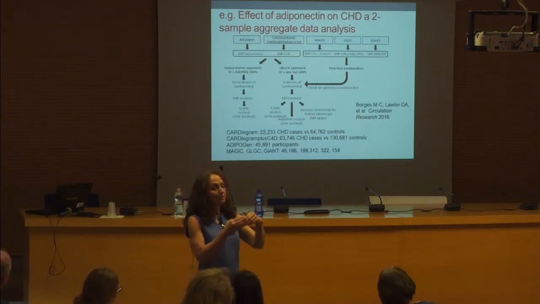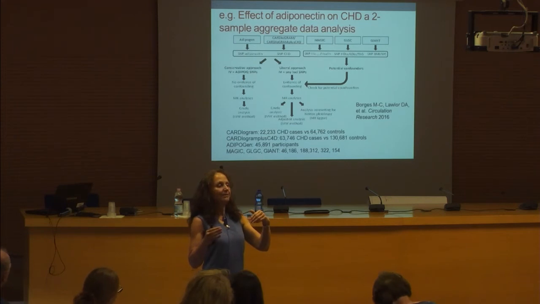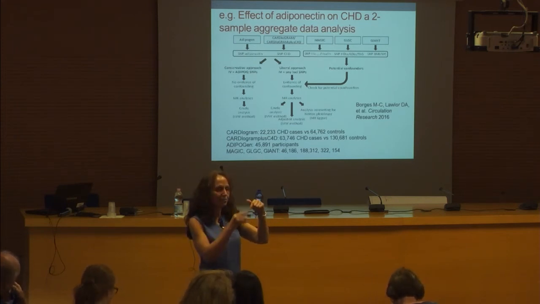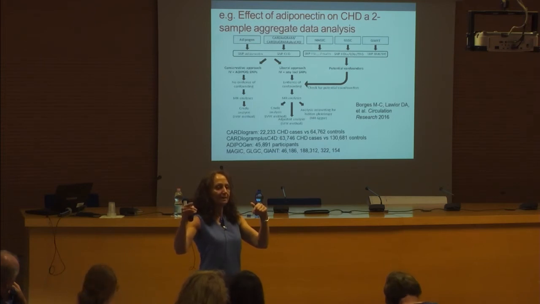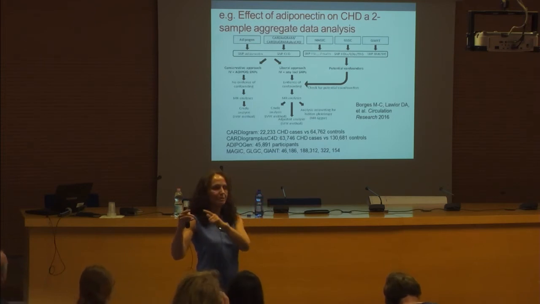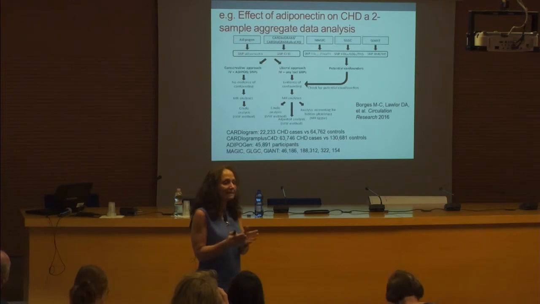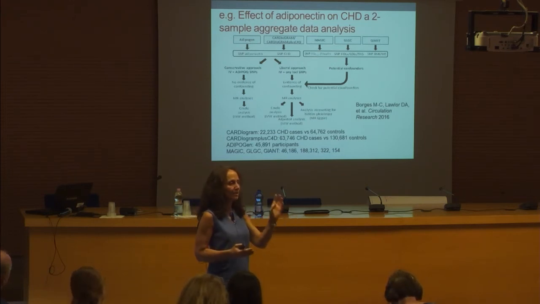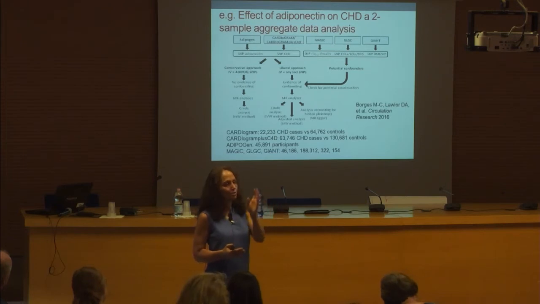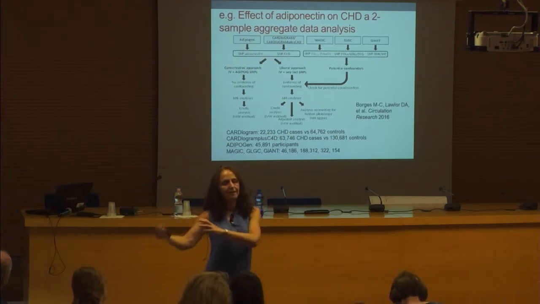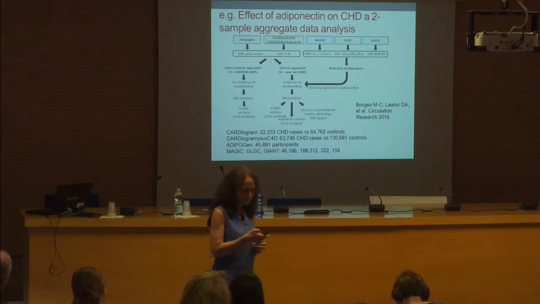It's also possible that independently of adiponectin they're related to those outcomes, in which case you might be violating assumption 3, the exclusion restriction criteria. And then lastly, it's possible that they're on a causal path. It's possible that adiponectin causes variation in glucose and lipids, and that's part of how they affect coronary heart disease.